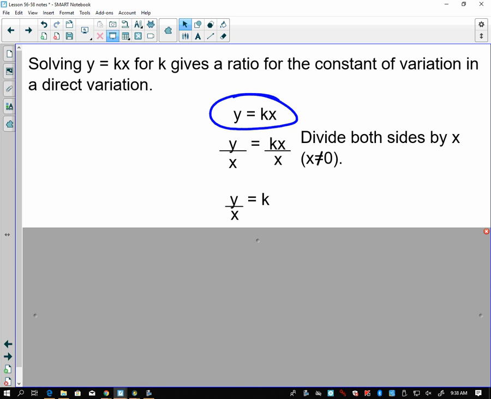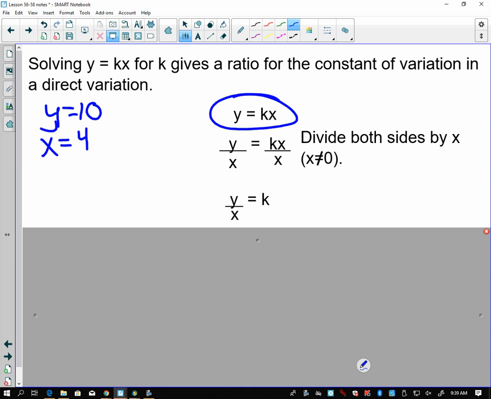You want to see an example with numbers? If x is negative, I would divide by a negative number. So if they told me y equals 10 and x equals 4, can I solve for k?